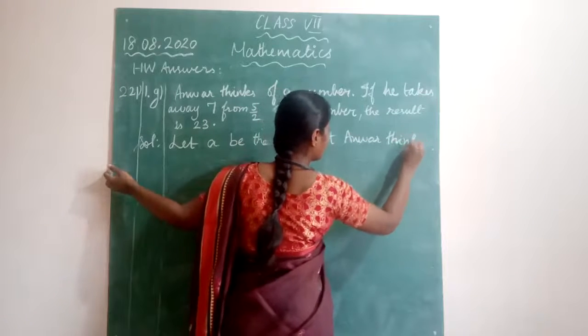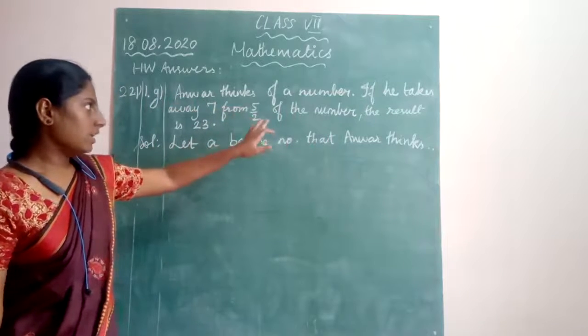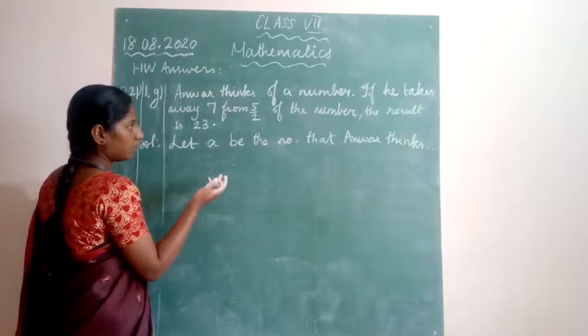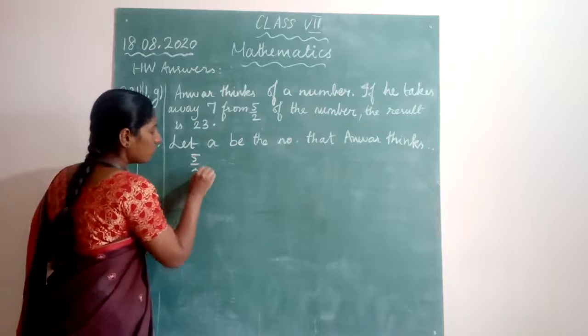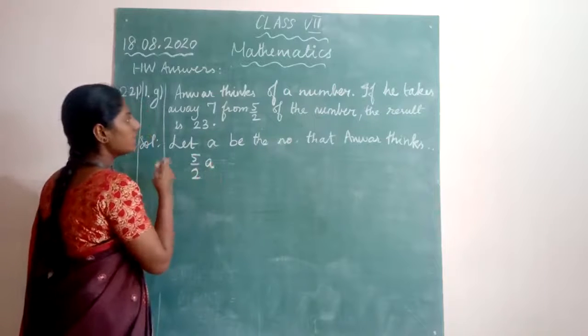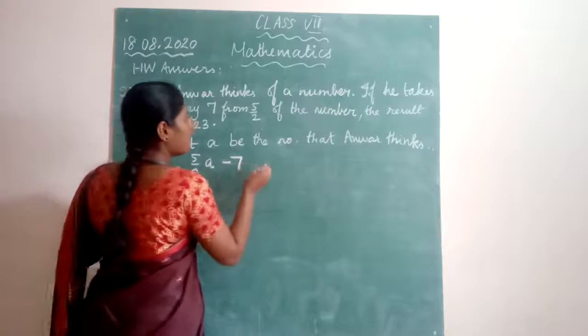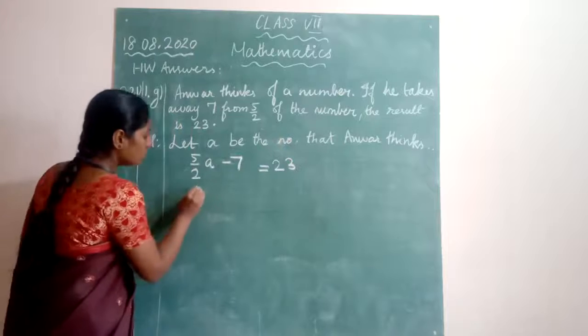Okay. Now he is thinking of a number, and if he takes away 7 from 5 by 2 of the number, 5 by 2 of A, and he is taking 7 from 5 by 2 of the number, taking away means subtracting, and the result is 23. Okay, so now you can proceed.